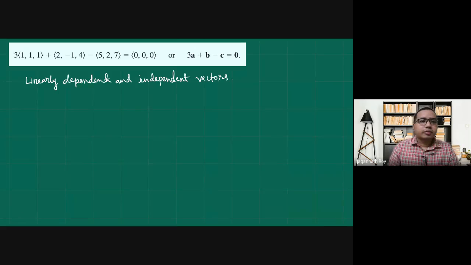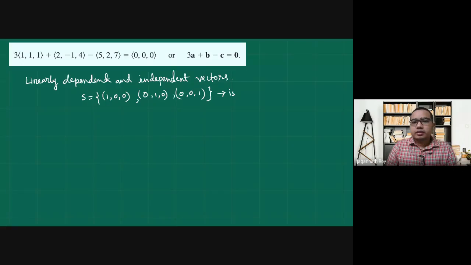Then we have seen that if S is the set of vectors 1 0 0, 0 1 0, 0 0 1, then it is a linearly independent set.